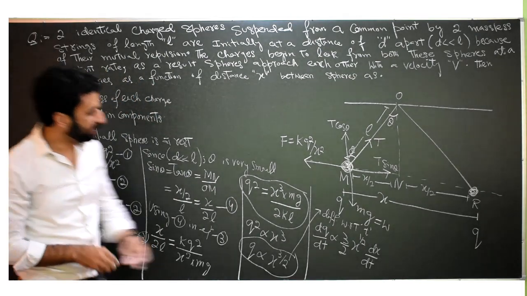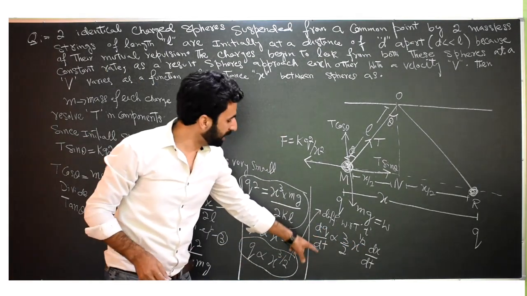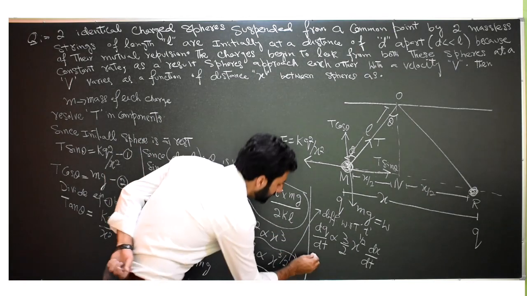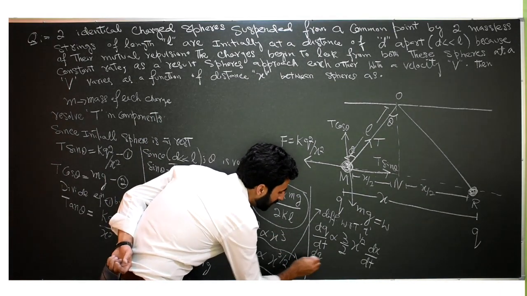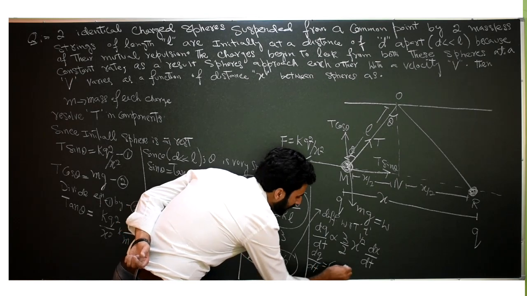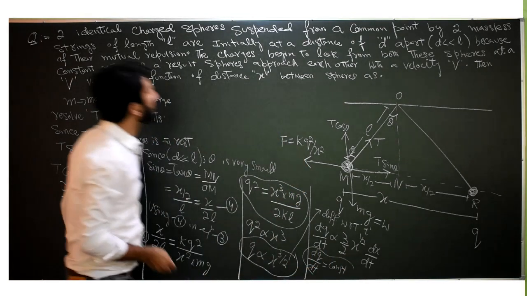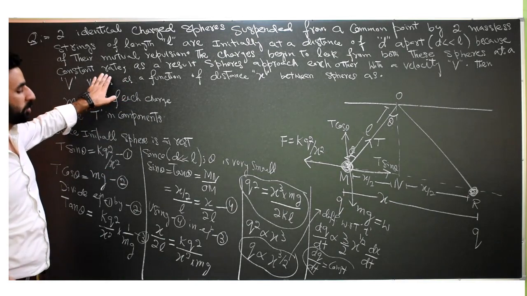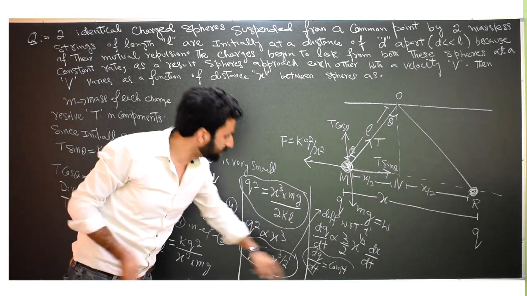Now dx by dt is velocity, and we are given that dq by dt is constant. This is the given condition: the charge is leaking at a constant rate, which means dq by dt is constant.